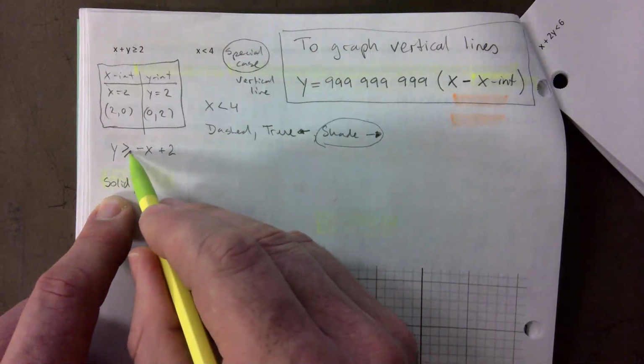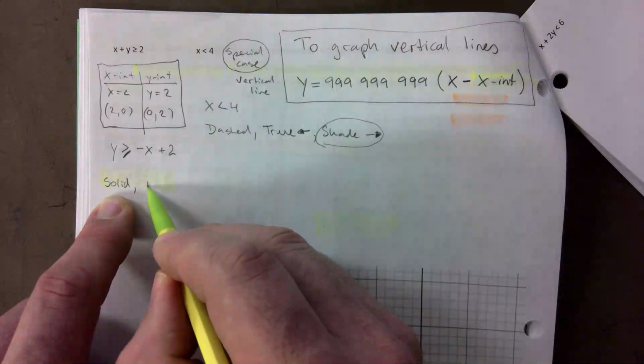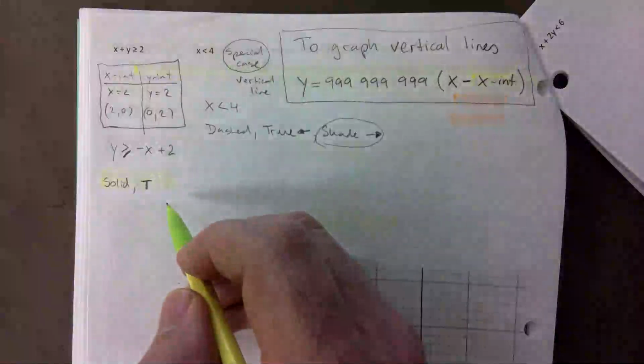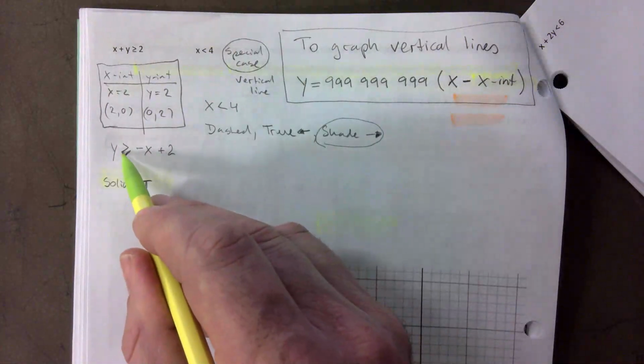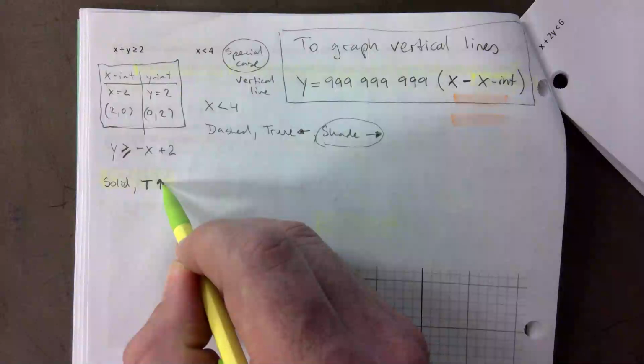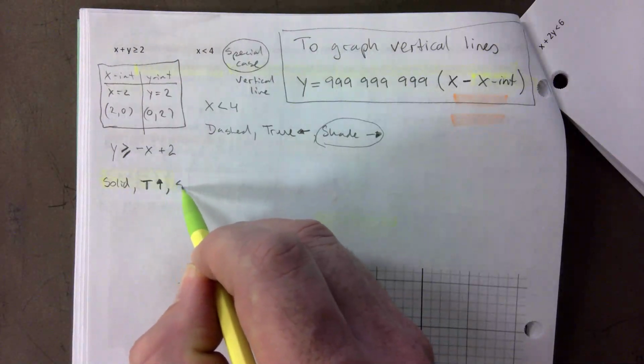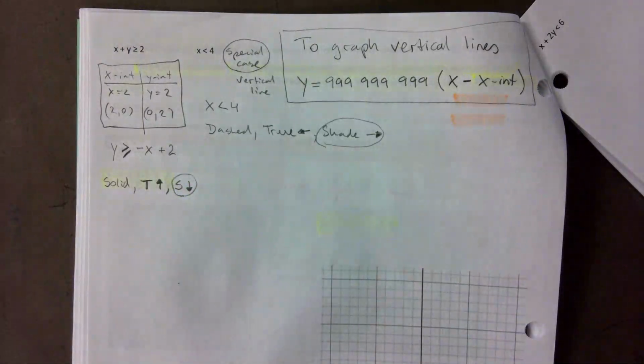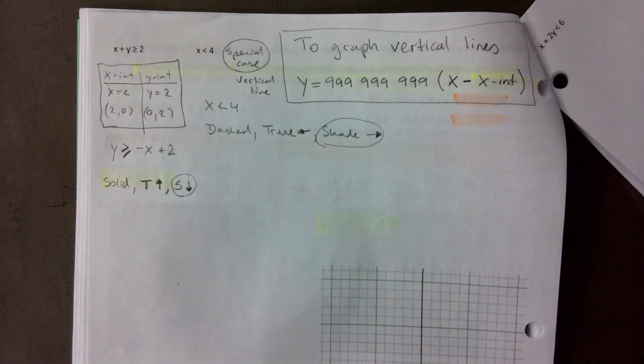It's going to be solid because of the equal sign. The true region, when it's a y scenario, is either above or below. And in this case, it's above, right? The true region is found above. I'm going to shade below. I'm going to do the opposite of where the true region is. So now, with two inequalities, you're ready to graph.